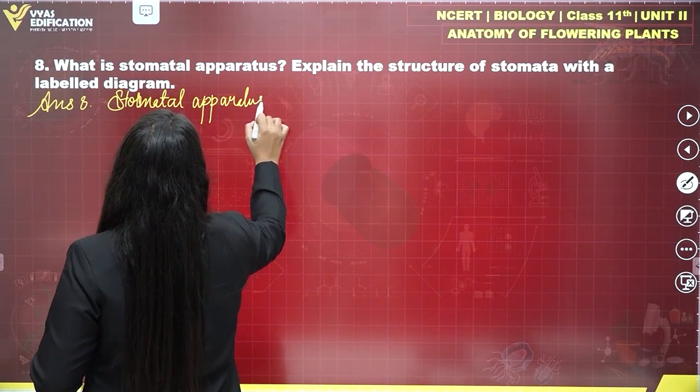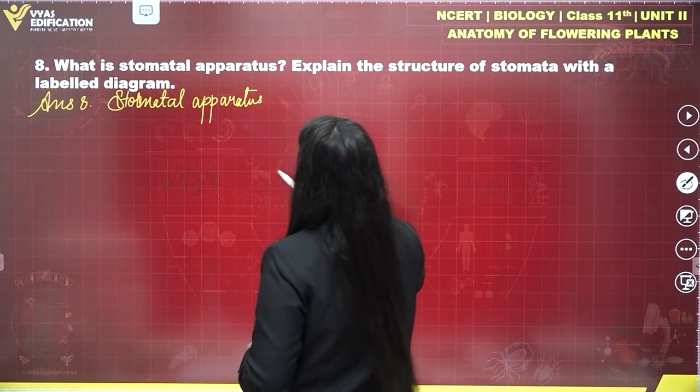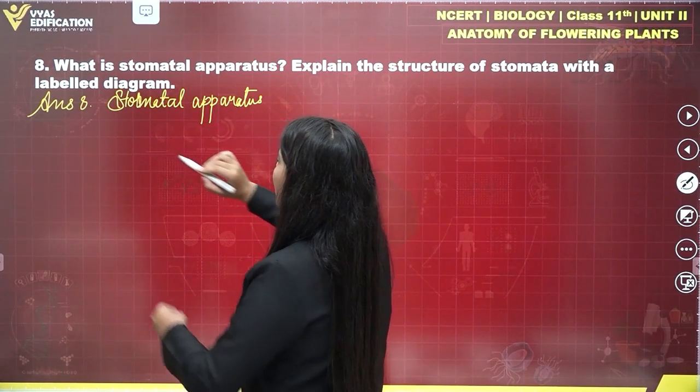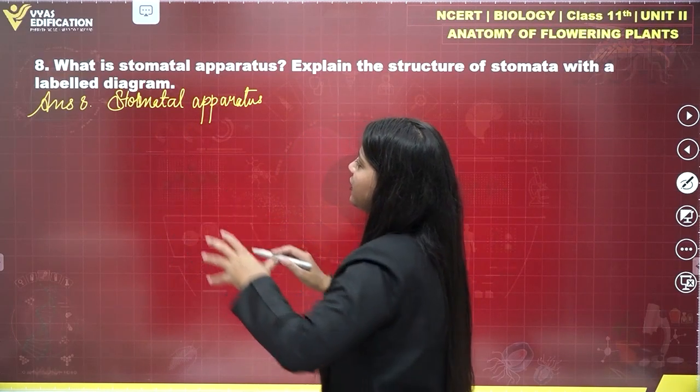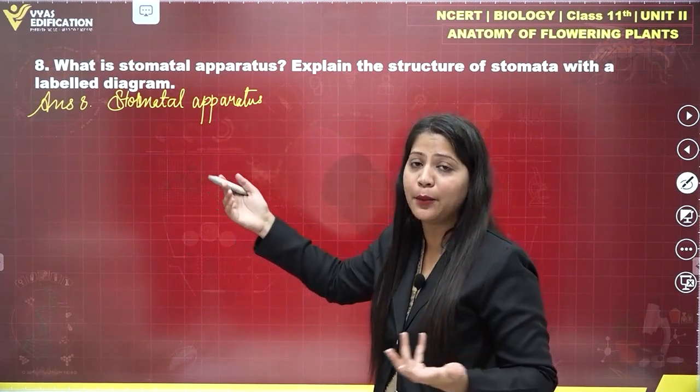Also we are going to draw the diagram of stomata, but first of all we are going to write the first part of this question, that is stomatal apparatus. What is stomatal apparatus?